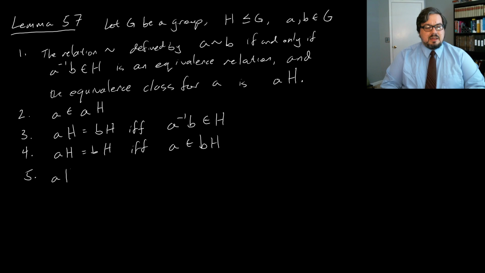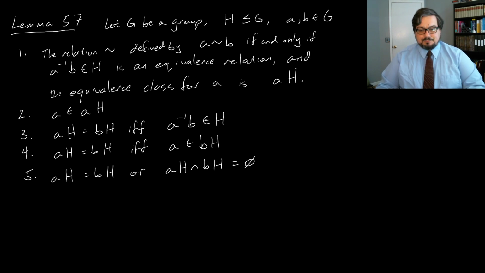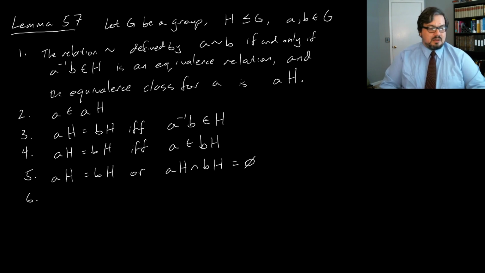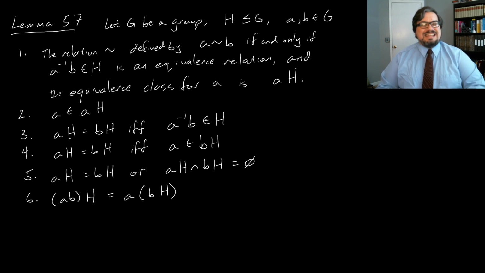Part 5, AH equals BH or AH intersect BH is empty. Part 6, if I take the coset of H with representative AB, that's the same as the coset of BH with representative A. So there's a sort of associativity of cosets here.